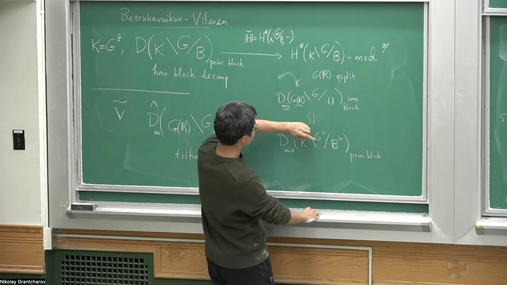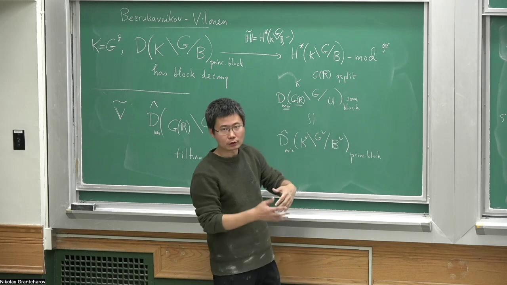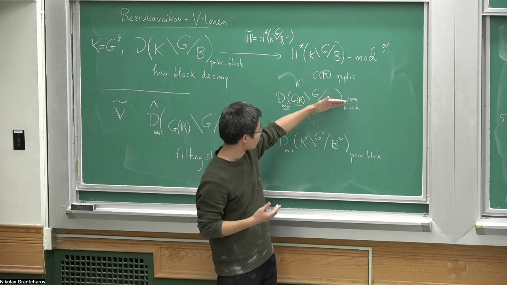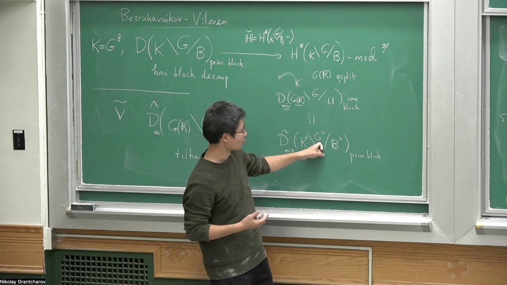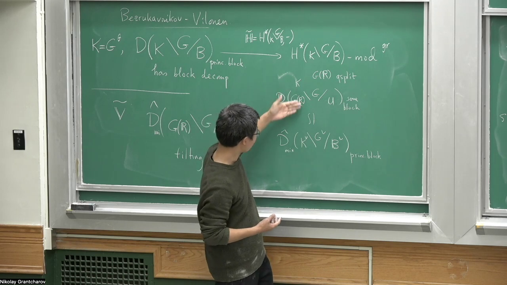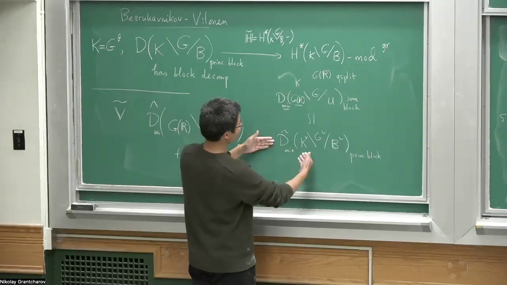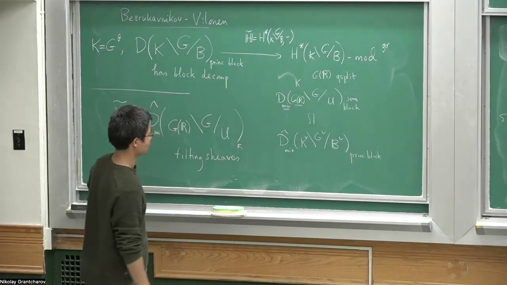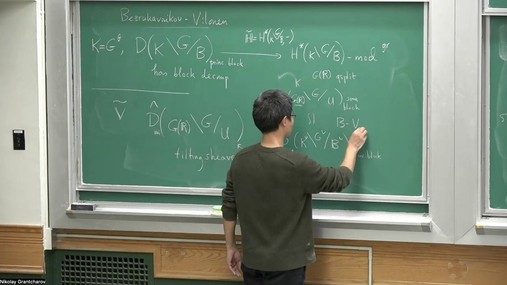You start with a quasi-split group. This category decomposes into several blocks. For each block, Vogan tells you how to find a real form. This real form will depend on the block. For each block, you are comparing this block and always the principal block of the real side. This is a theorem.